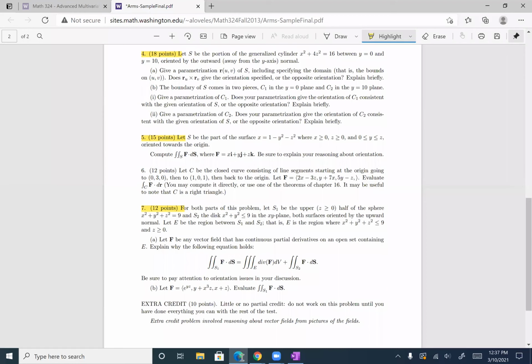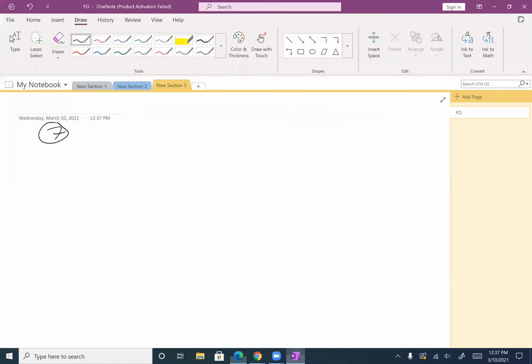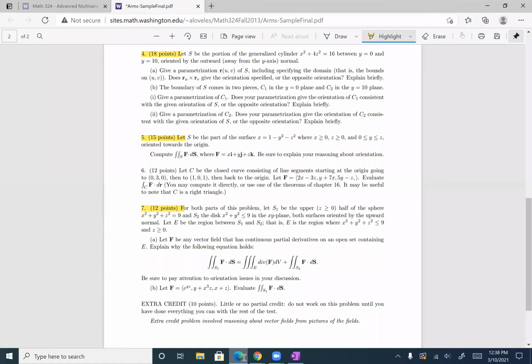Let me just unpack what all this stuff here means. So S1 is the top half of the cylinder. S2 is the disk. And it says that both surfaces are oriented up.